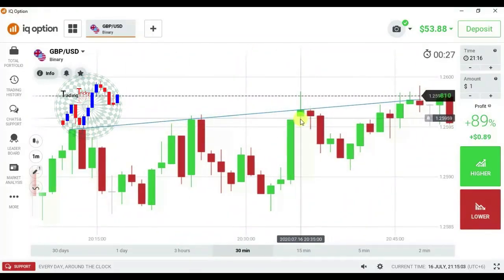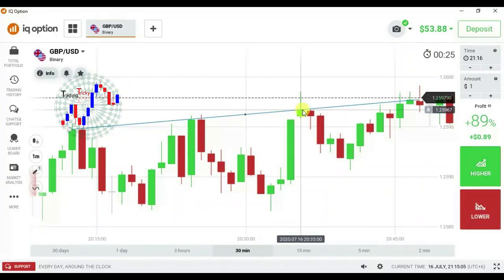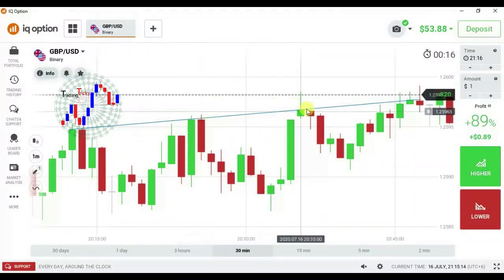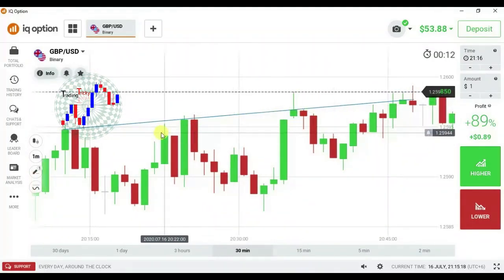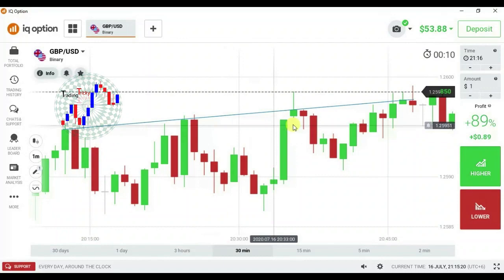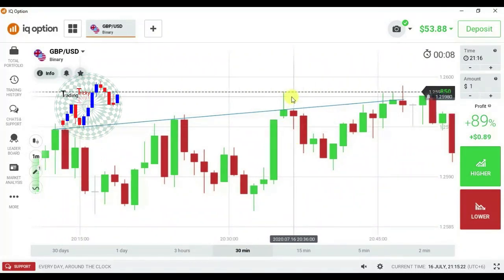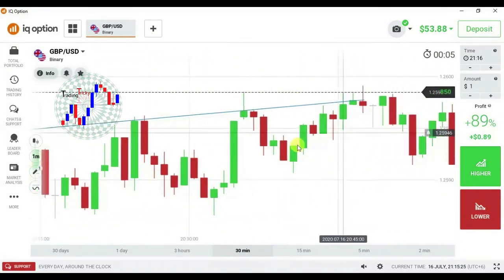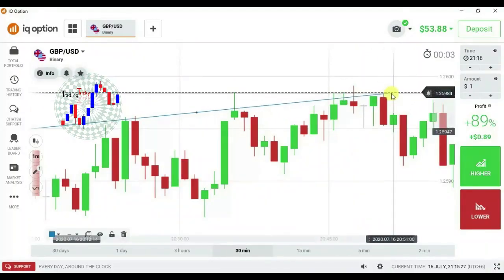So this may fill this gap, so I'll wait, and when I see the price went too far up, then we can use marginal safety because this is a borderline. From this line we are seeing the price fall from this level, so in this case we can use marginal safety.